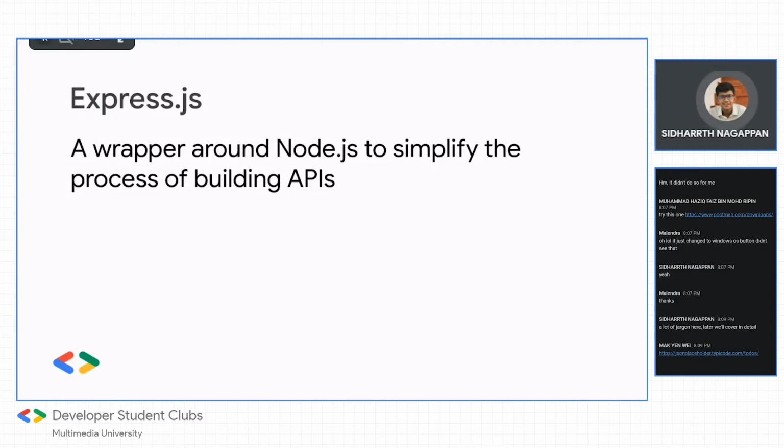It comes with a lot of pre-built components, a lot of functionality out of the box that you can use to write REST APIs. And this is also the industrial level framework to use on top of Node.js to build APIs.